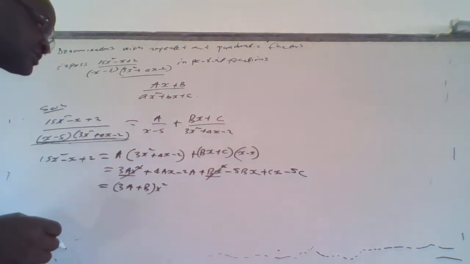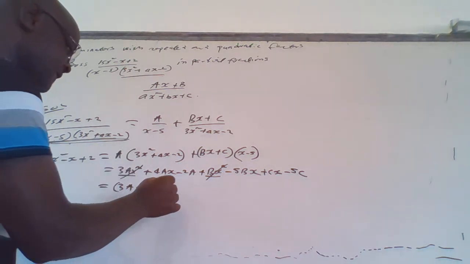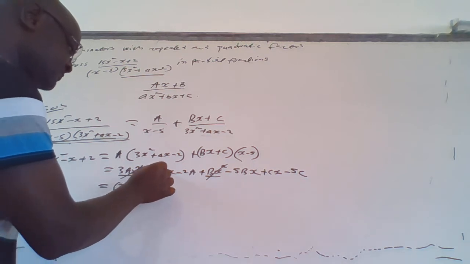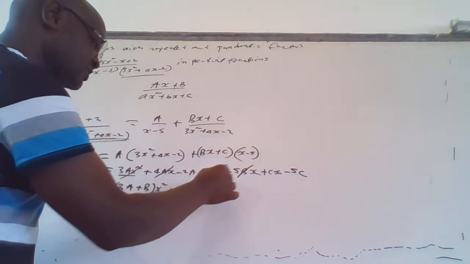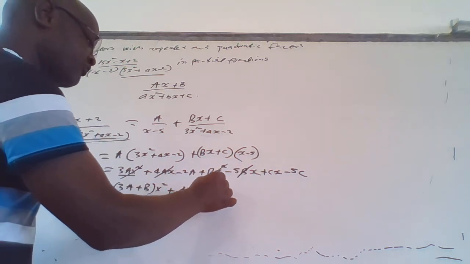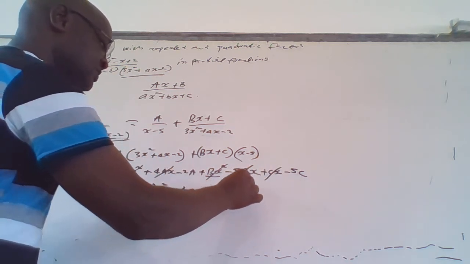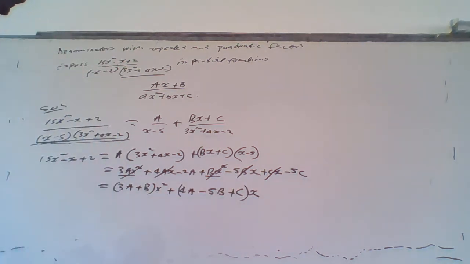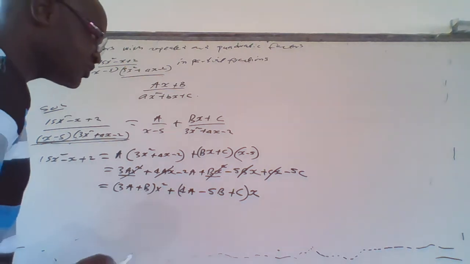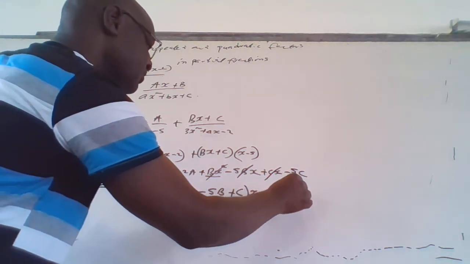The next ones, those that have x: we have 4A, then minus 5B, then plus C, and we factorize out x because it's common. Then we have the constant terms, the ones that don't have x: we have minus 2A minus 5C.